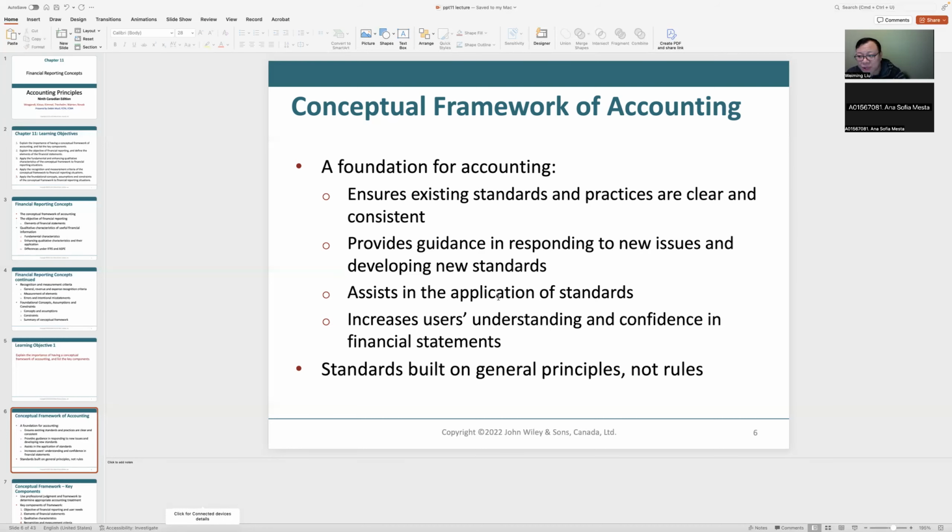It's important to know that the accounting standards are built on principles, not on rules. Principles are different from rules. If you are traveling, the principle would be that you need to be cautious when you are driving.